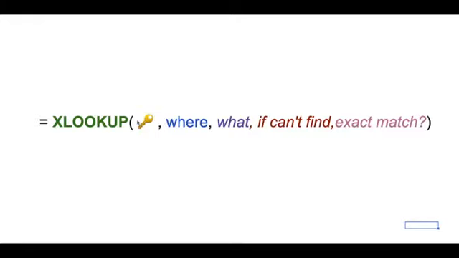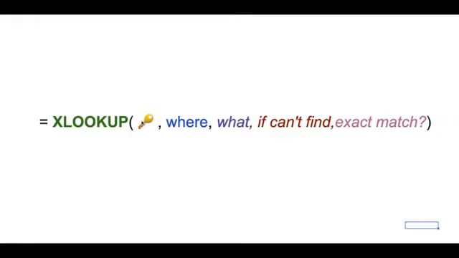The next part is the column in which you will find this particular key value, followed by what you're looking for. So now you have taken the key, you have gone into another table, you have matched it, and now you want to get a certain thing from the row where this key is.